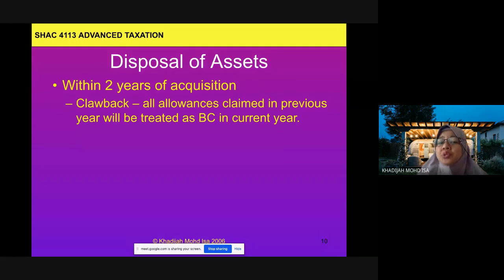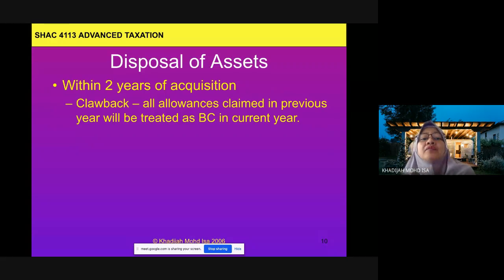But if there is no commercial justification, then the disposal of the asset will be clawback. It means that under normal circumstances, when you dispose, you will compute in the year of disposal, there's no allowance given, but you determine how much is the residual expenditure. When you know the RE, then you compare your disposal price, then you know whether it's a BA or BC.